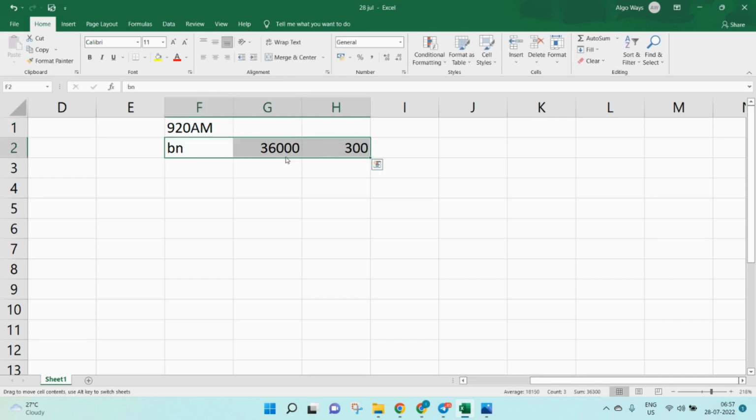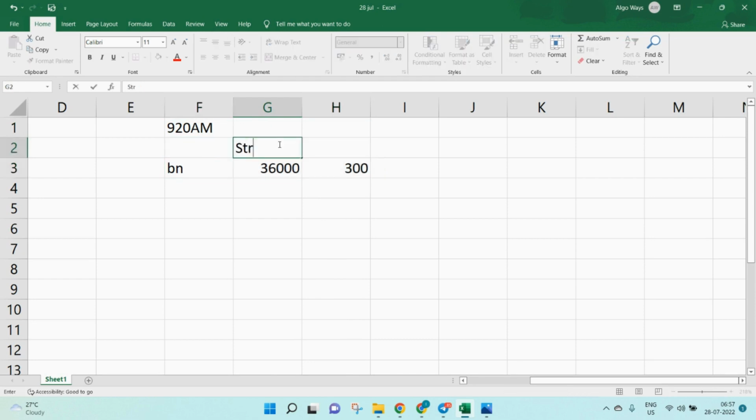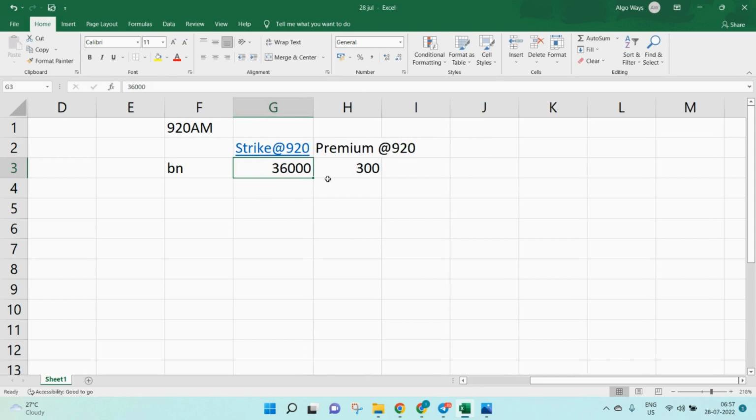Let me just put in right perspective. This is strike at 9:20, and this is premium at 9:20. Okay. So what we will do in this strategy, we have noted down these parameters at 9:20.